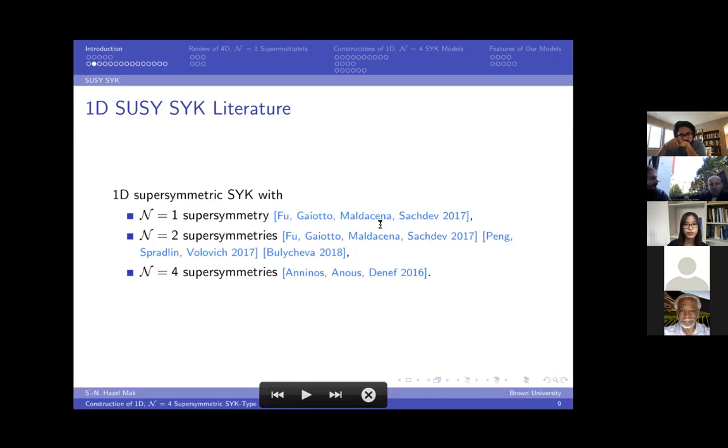Then a few months later, the famous paper by Fu, Gaiotto, Maldacena, and Sachdev came out. They provide supersymmetric SYK models with N=1 and N=2 supersymmetries. There are some other references that I put here which also discuss these models.